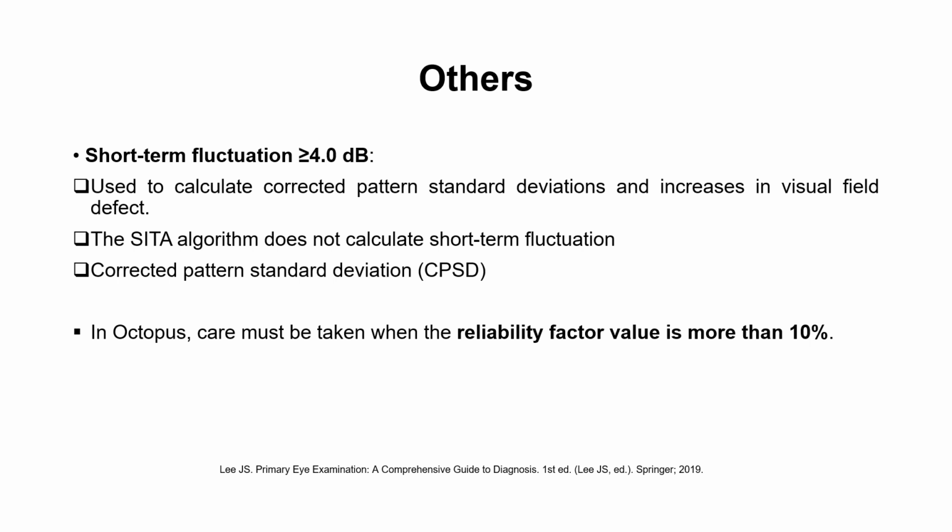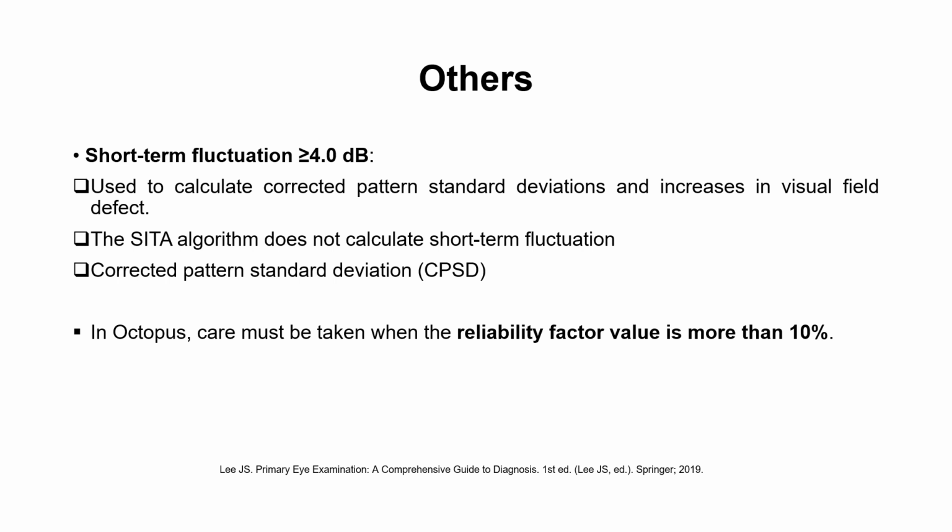If the difference is more than 4 decibels, this means that the short-term fluctuation is increased. This measures the consistency and is an indicator of reliability, and it can also be one of the early signs of glaucoma. Sometimes the patients see it and sometimes they don't.